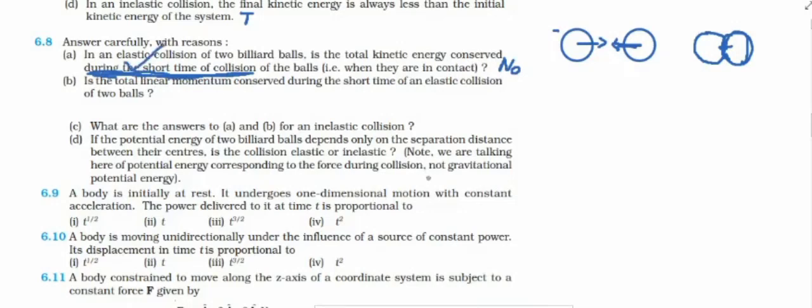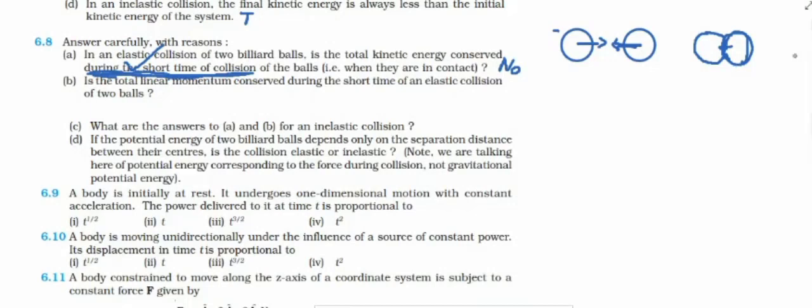During the short time of collision, kinetic energy is not conserved. Kinetic energy is momentarily converted to potential energy. Afterwards, it is converted back into kinetic energy. That is why total initial kinetic energy and total final kinetic energy are equal.